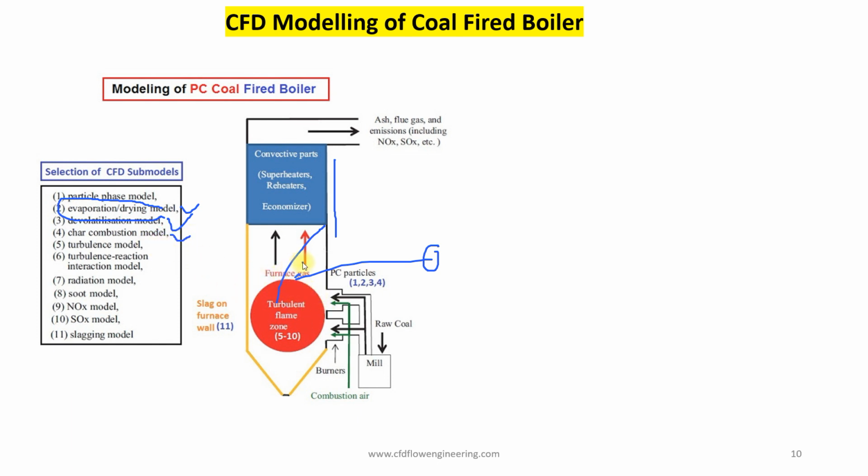There is also turbulent mixing of air and hydrocarbon. We need to use a turbulence model. There are also chemical reactions happening in the combustion. There are interactions between turbulence and chemical reaction. Then we may have to use a turbulence-chemistry interaction model.